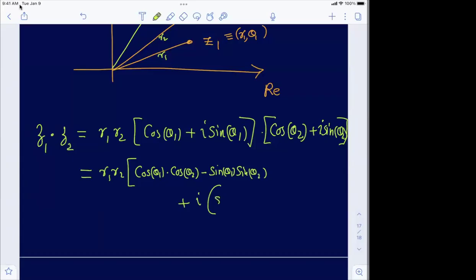You're going to get sine theta 1 cosine theta 2 plus cosine theta 1 sine theta 2.